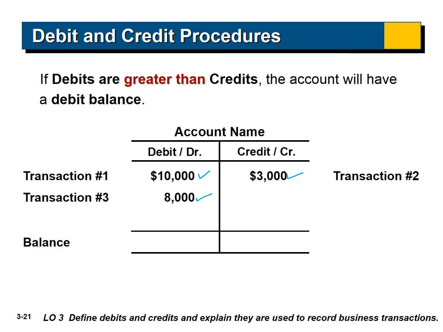Well, you have $18,000 of debits and $3,000 of credit. So what does that leave you with? $15,000 on the debit side. So the balance in the account is just whichever side is greater. So 18,000 minus the 3,000 is 15,000, and you keep it on the side which is greater, which is the debit side.